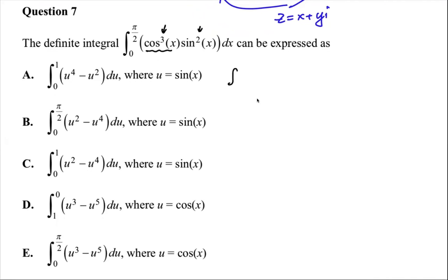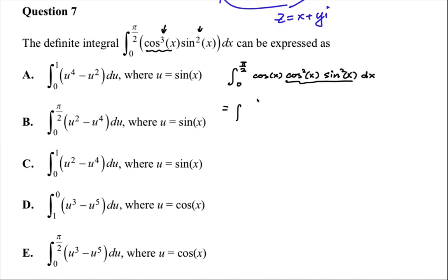So I will rewrite this one as 0 to half pi. Let's write cosine x, split out one cosine x times cosine squared x times sine squared x dx, okay? And the next job, you want the higher power terms to be consistent in one category.